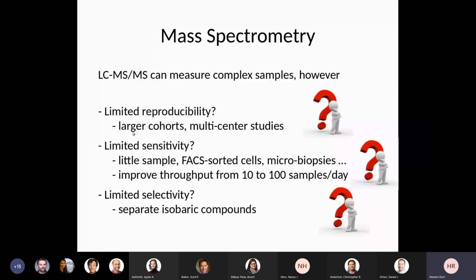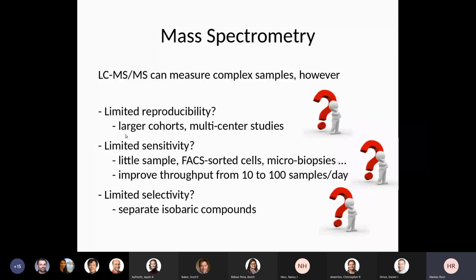So if we can find a way to improve reproducibility and to make sure that proteomics mass spectrometric data is acquired reproducibly and consistently, not just on a single machine, but across multiple instruments, across multiple labs, we could do much larger studies and move into areas where we have much larger biological variability, such as human patients and human samples.